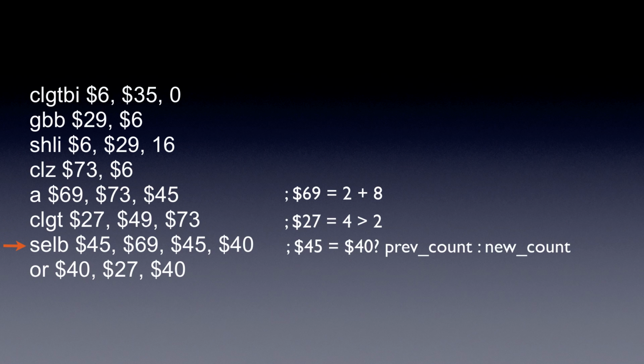So this is the select bytes, and we're basically going to look at what's in 40. Now 40 is the updated mask from the previous iteration. So 40 at this point tells us whether on the previous iteration we found an occluder or not. If we did find an occluder on the previous iteration, we're going to totally throw away the calculations we did now.